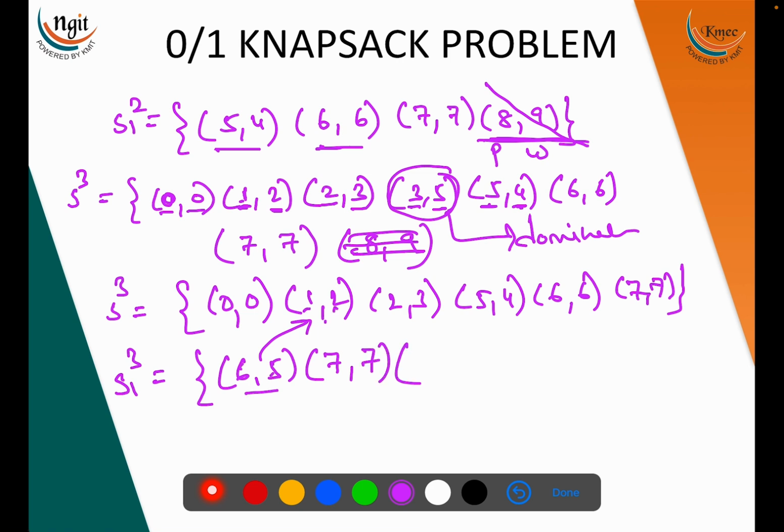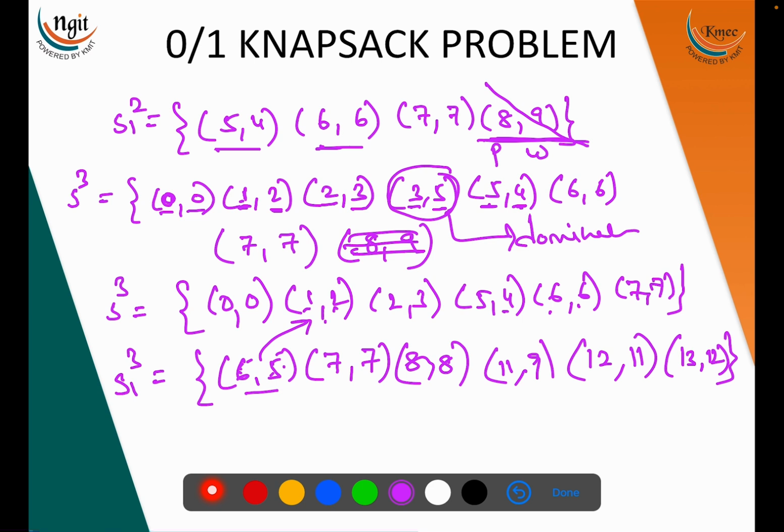The same, 6 plus 2 is 8, 5 plus 3 is 8, 6 plus 5 is 11, 5 plus 4 is 9, 6 plus 6 is 12, 5 plus 6 is 11, and 6 plus 7 is 13, 12. So these are the values we will get from the set, correct?